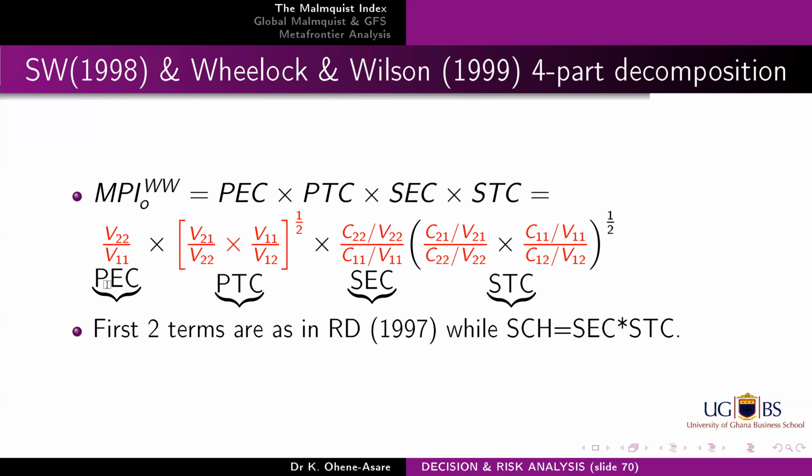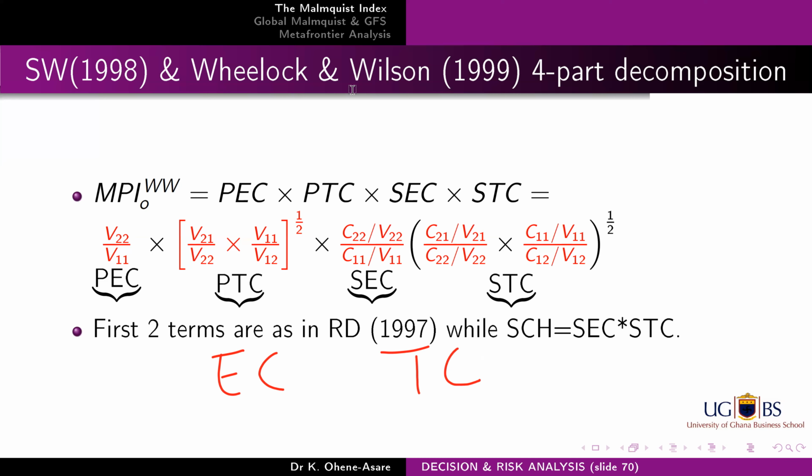There's a pure efficiency and there's a pure technological change. And then when it comes to the scale, there's a scale efficiency change and the scale technological change. So in the normal 2-factor decomposition, we have the efficiency change and then we have the technical change.